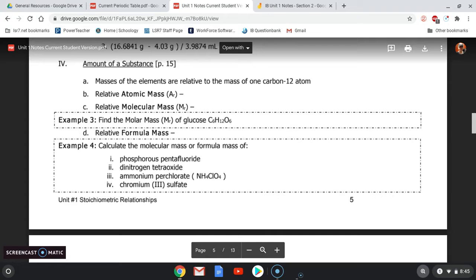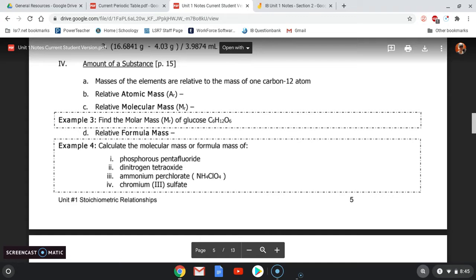So you're going to see some language and vocabulary that might not be 100% like what you're used to seeing here. The first thing is that atomic mass or AR, that is the same. You want to write this down. That's going to be the average mass of an element taking into account all of its isotopes. That's the average atomic mass, which takes into consideration all of the isotopes.